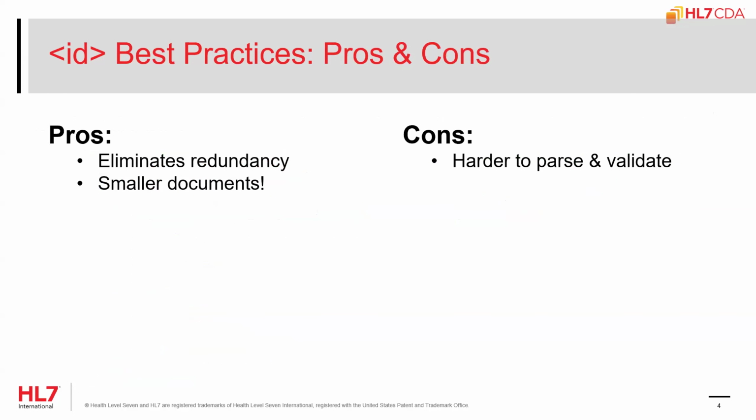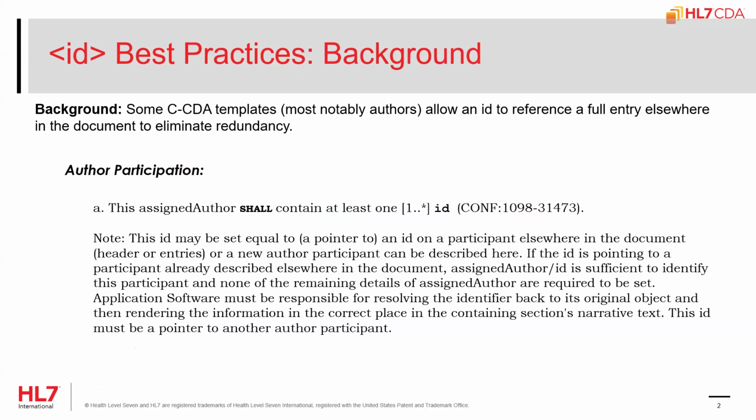So historically, we have only really supported these ID cross-referencing semantics in a small handful of templates across C-CDA. Authors are the big one. Entry reference is explicitly designed for that. And then indications, which we'll get into, are the other interesting one, where we have some verbiage in the template saying, try doing this maybe.